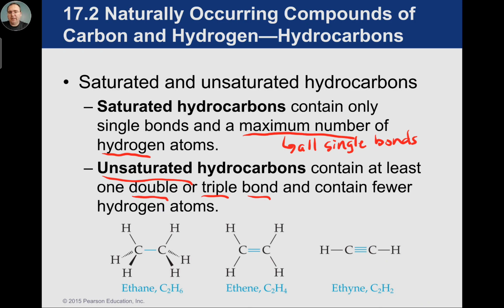So in a sense, every time you add a multiple bond, notice you're losing 2 hydrogens for that to happen. So as you become more and more unsaturated, you're just losing hydrogen atoms at the expense of sharing more electrons to carbon atoms. And that's the reality of saturated and unsaturated.